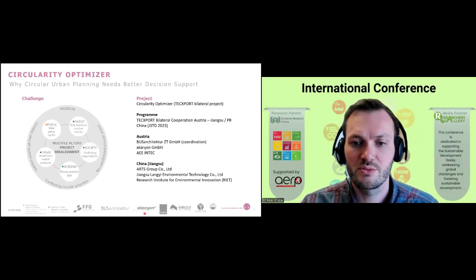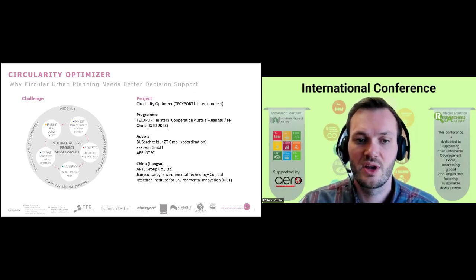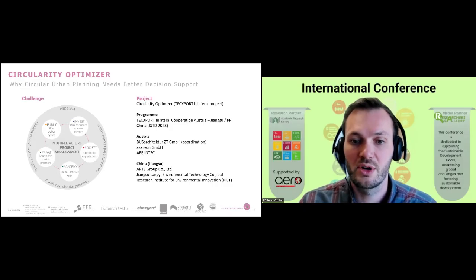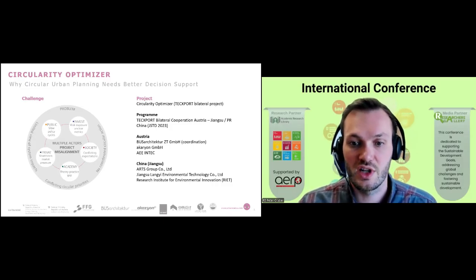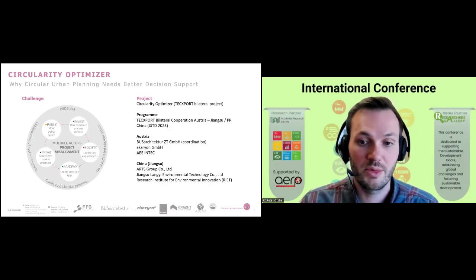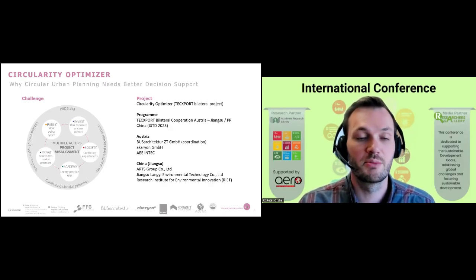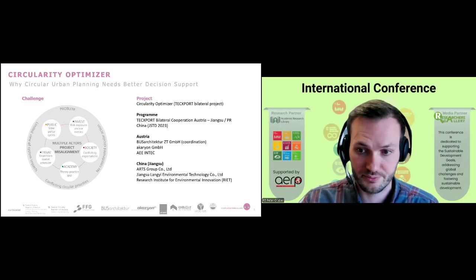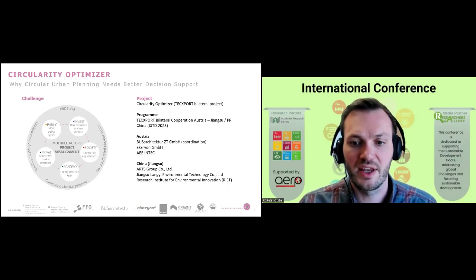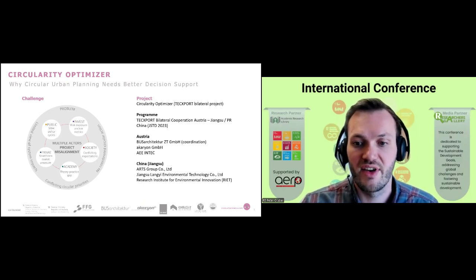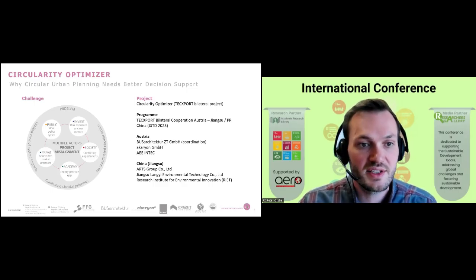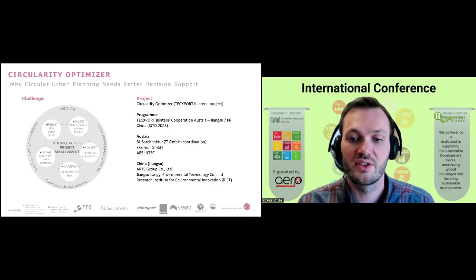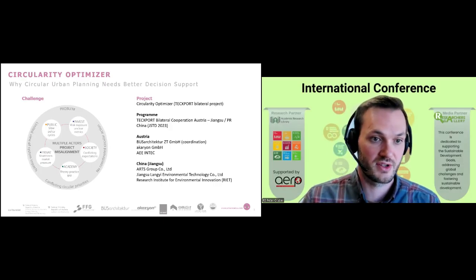The consortium combines expertise in participatory urban planning, like bus architecture, digital modeling from Akarion GmbH, and sustainable technologies from AE Intec. Pilot applications are currently being developed for the regions Weiz and Gleisdorf, where we see the first results in this presentation, and also in the Jiangsu region in China.